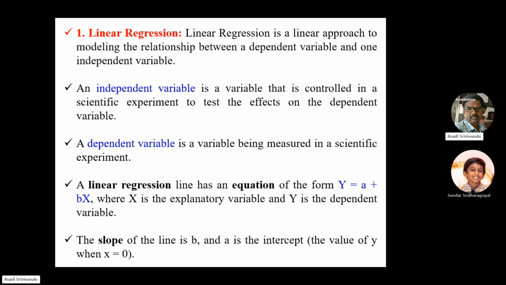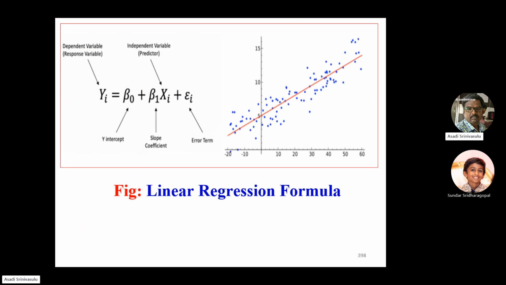The slope of the line is b, and a is the intercept value, the value of y when x equals 0. In the diagram, we are calculating the linear regression formula: yi = b0 + b1 * xi + εi, where εi is called the error term, yi is the dependent variable, that is the response variable, xi is the independent variable, that is the predictor value, b1 is the slope coefficient, and b0 is the y-intercept value.